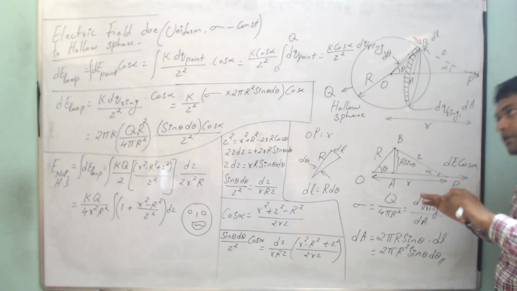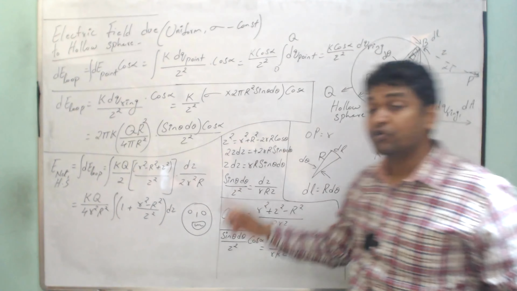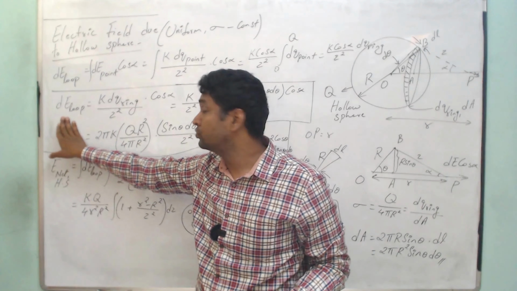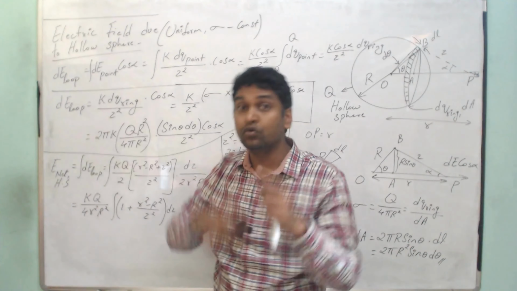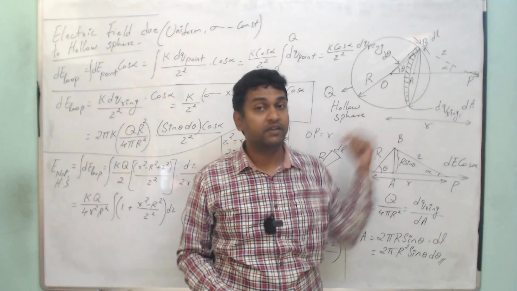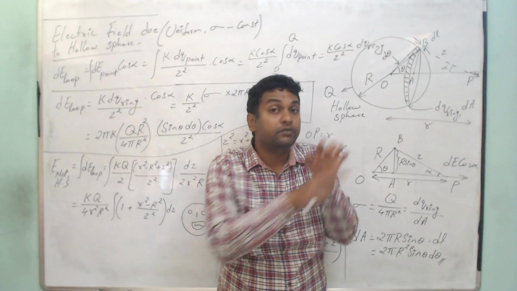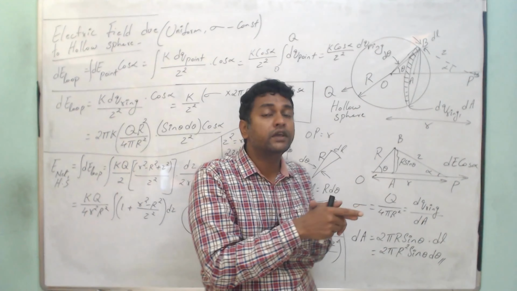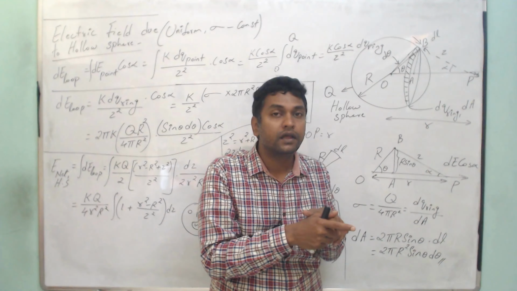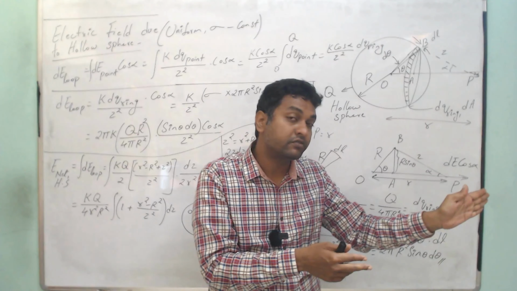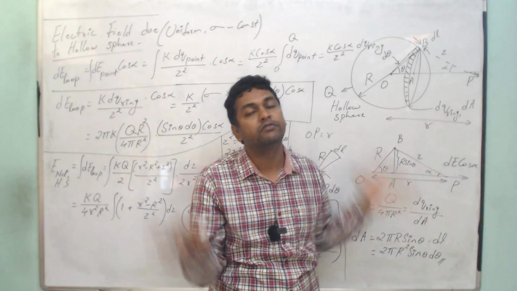So in this derivation of the hollow sphere, my first step is dE loop is equal to k dq of the loop divided by z square and the cos component. That means due to the loop I am taking it as a whole and automatically saying only the cos component will be available, the sine component will cancel each other.